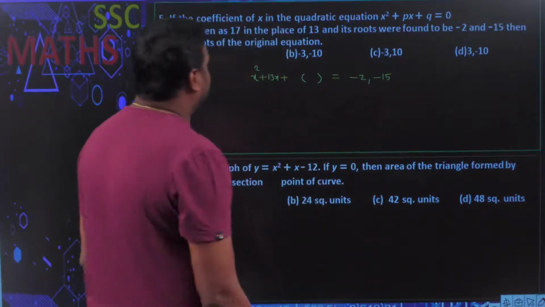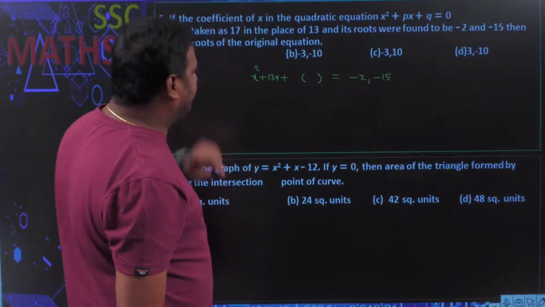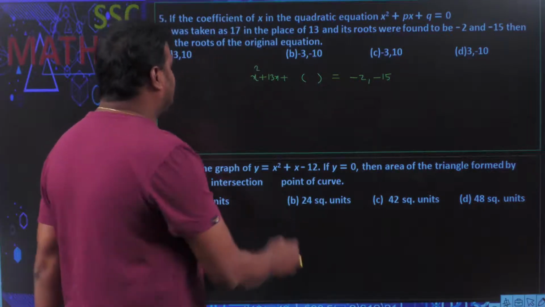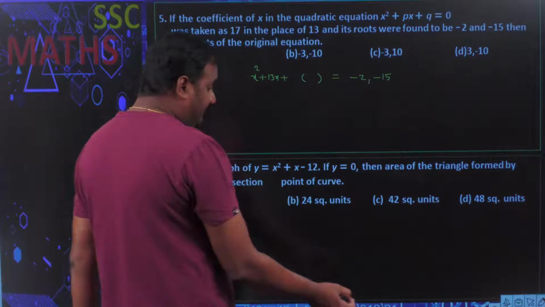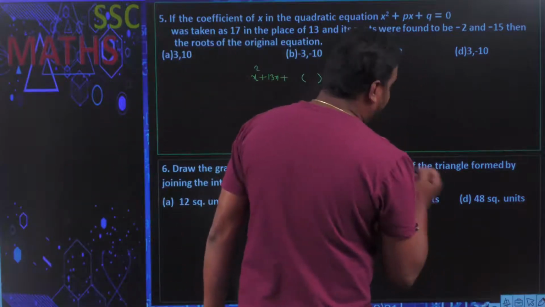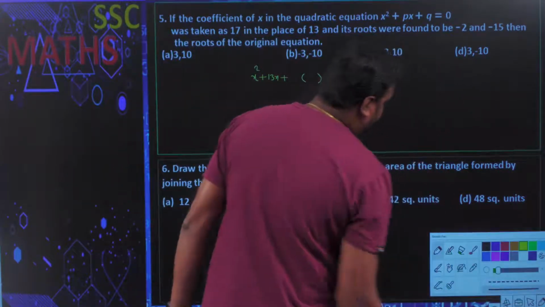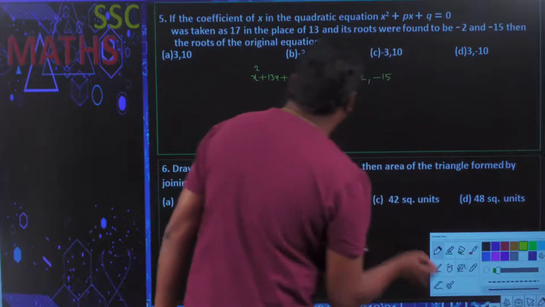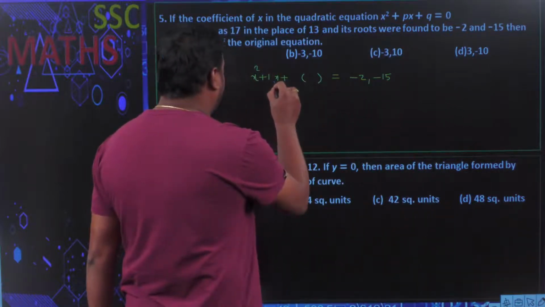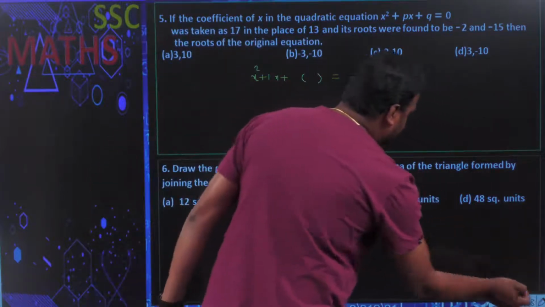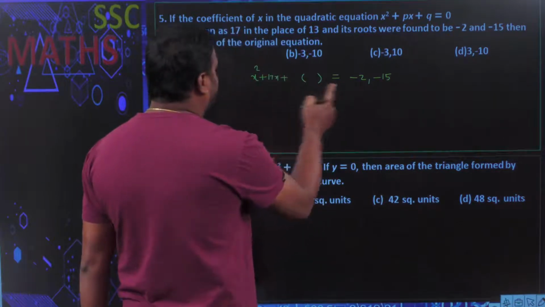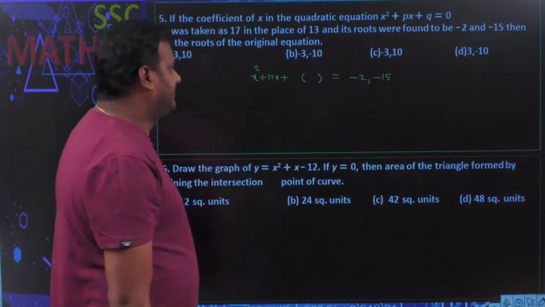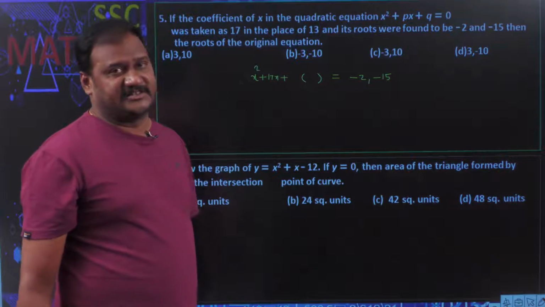Okay. So it was taken as 17 instead of 13. When it was taken as 17, the roots were found to be minus 2 comma minus 15. Then what will be the value of the constant there?